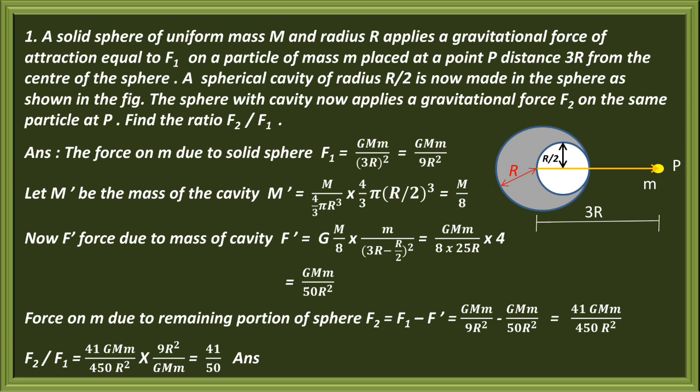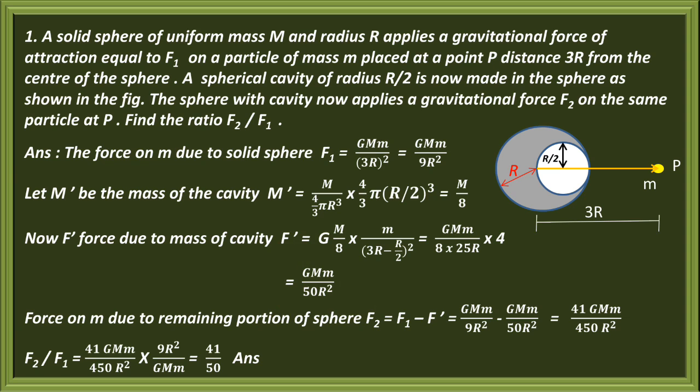Now F dash, that is the force due to the mass of the cavity at point P, is given by F dash equal to G M by 8 into m by 3R minus R by 2 whole square, which is finally GMm by 50R square.